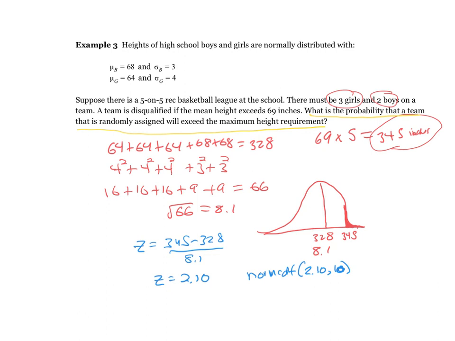And I get about 2%, about a 2% chance. So a very small chance that if they randomly put these teams together, you're going to get a team that's too tall. And obviously they're trying to keep the teams fair, so they've set that max height requirement. It's only about a 2% chance.